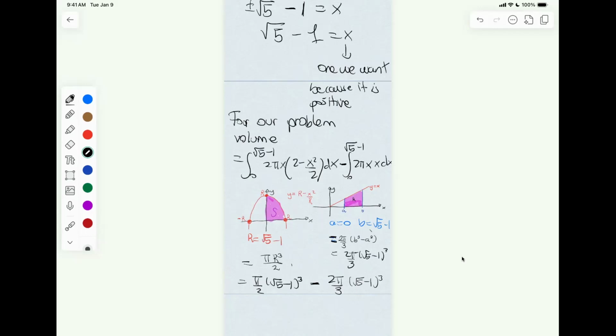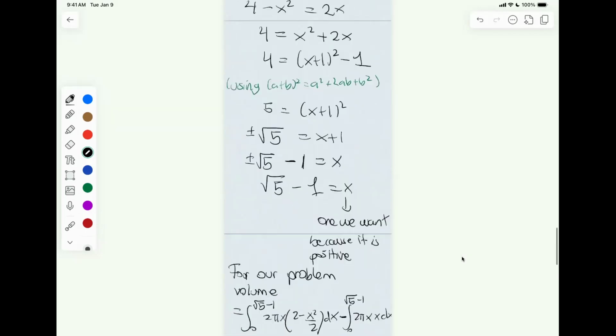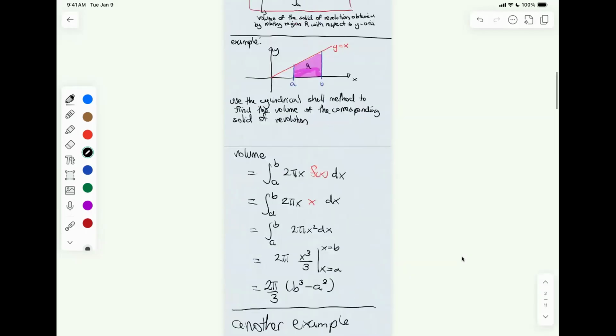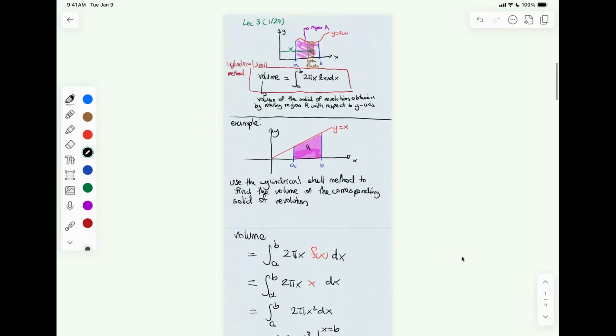You can factor out the root of 5 minus 1 because it is the same in both cases. Let me check, because maybe there must be a problem with one of these coefficients. I can check quickly. Sorry about that. If anyone catches it, let me know.